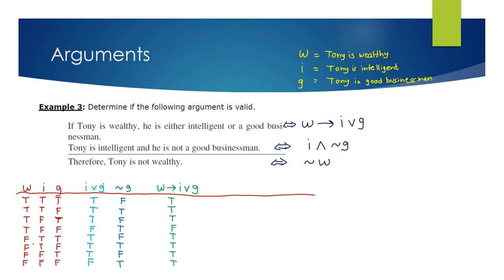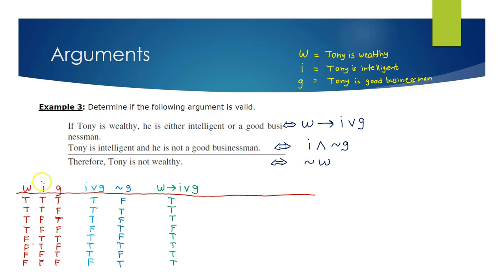For this to be false, the W column has to have a true and this column has to have a false. That only happens once. Otherwise, I either have them both being true, or W is false and it's automatically going to make this a true statement.